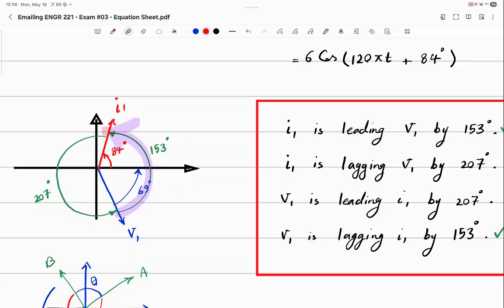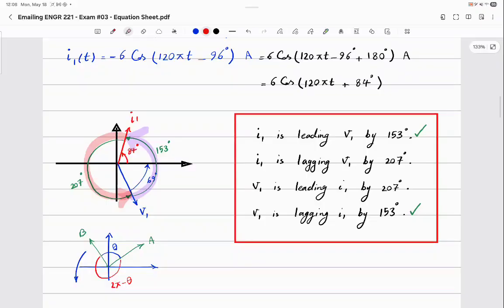But if you want to talk about I1 chasing V1, remember the direction of movement. The direction of movement is in that direction, right? So if I want to say that I1 is chasing V1, I have to say I1 is lagging V1 by 207 degrees. Does that make sense to everyone? So for every plot that you have, you can write 4 valid statements.